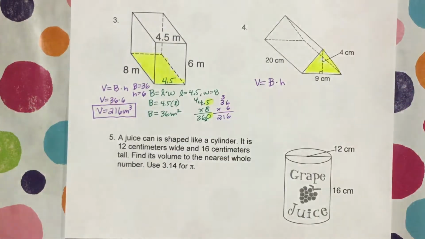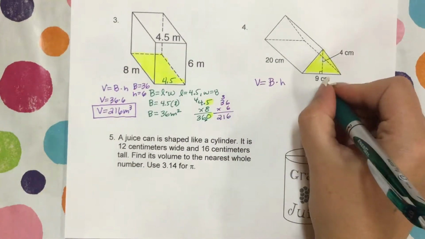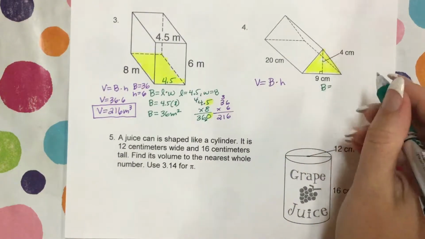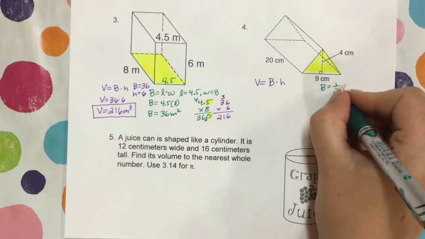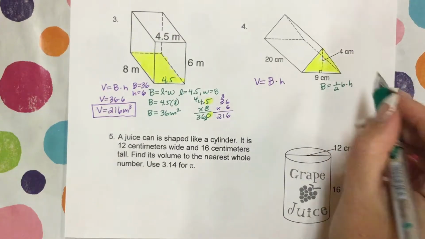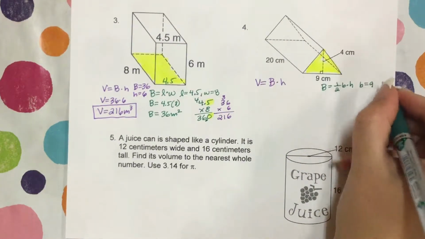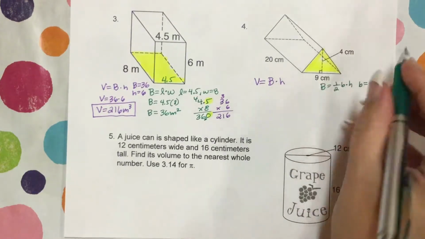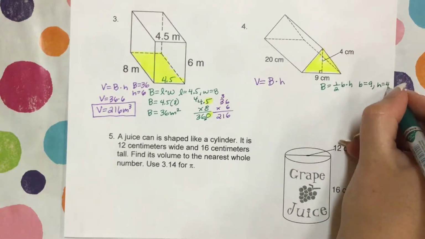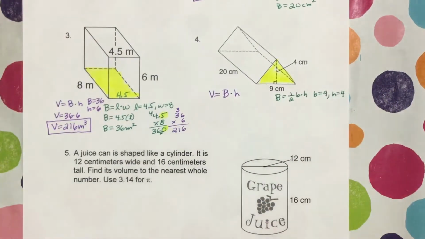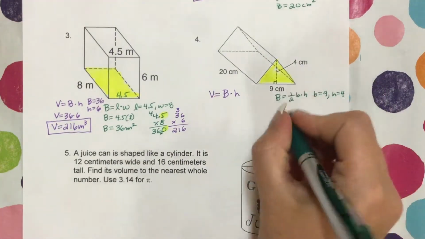So first we need to find the area of the base. Well, we know it's a triangle, so the area of the base is going to be the area of a triangle, 1/2 base times height. And the base is right here at 9, so B equals 9, and then the height is 4, so H equals 4. So we're defining our variables, then we're going to substitute those into our equation.